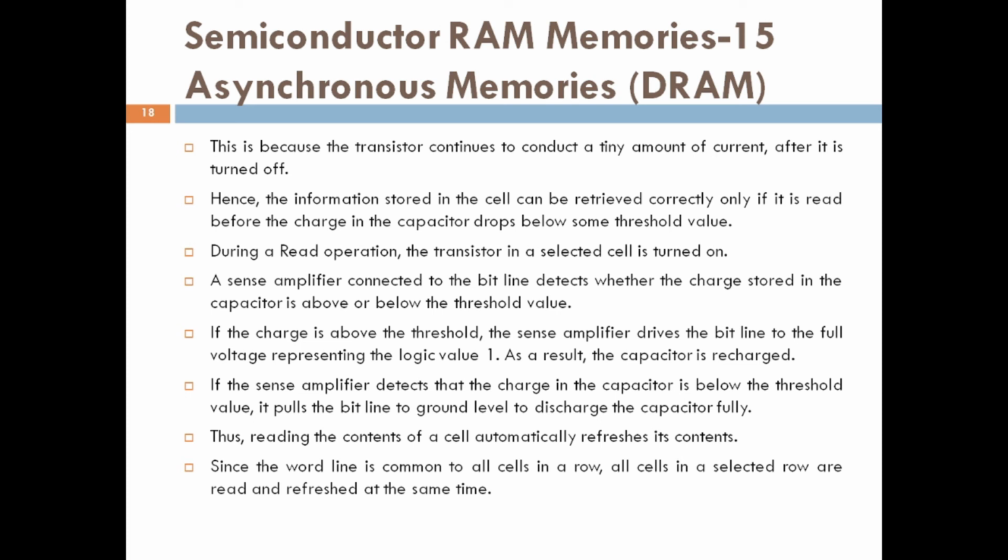If the sense amplifier detects that the charge on the capacitor is below the threshold value, then it pulls the bit line to the ground level, which ensures that the capacitor will have no charge, representing the logic value 0. Hence, reading the contents of the cell automatically refreshes its content, and all the cells in a selected row are read at the same time, which refreshes the content of the entire row.